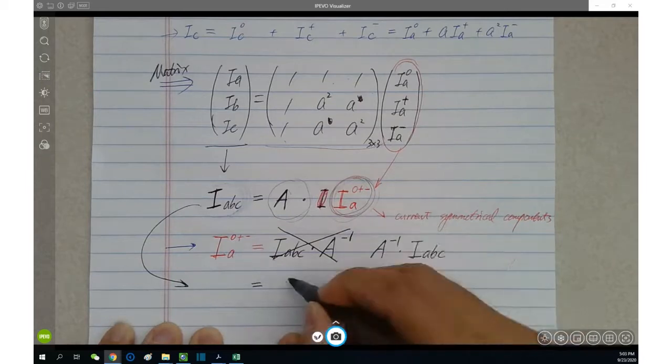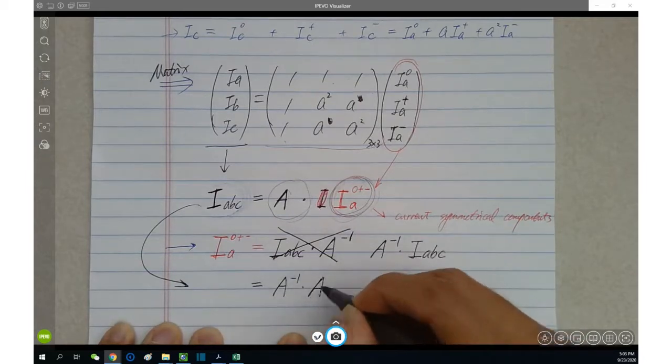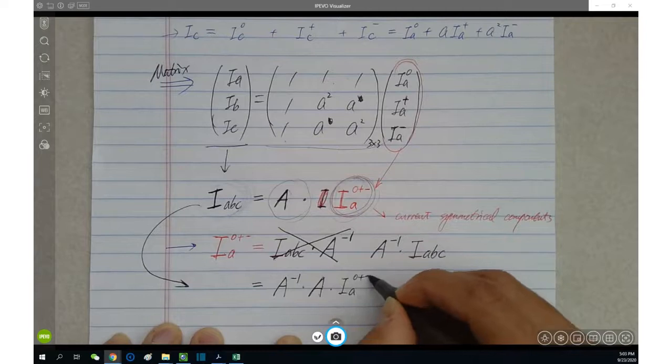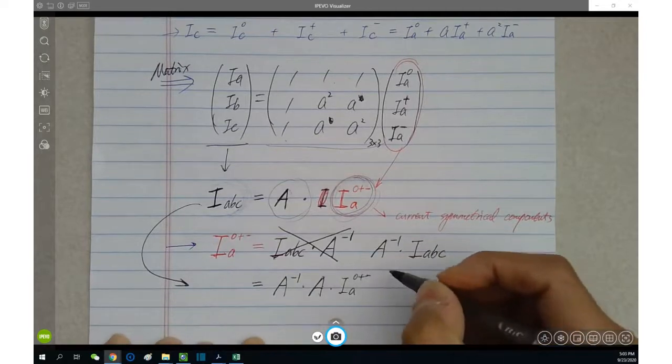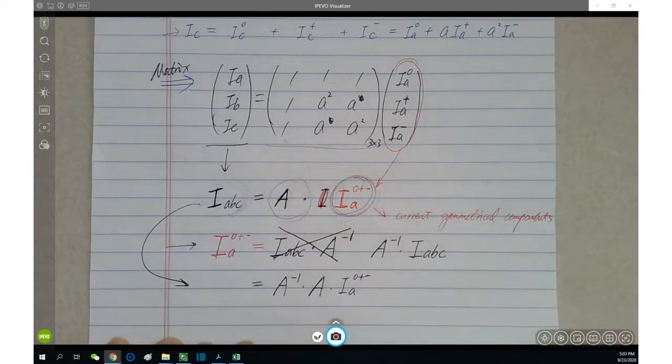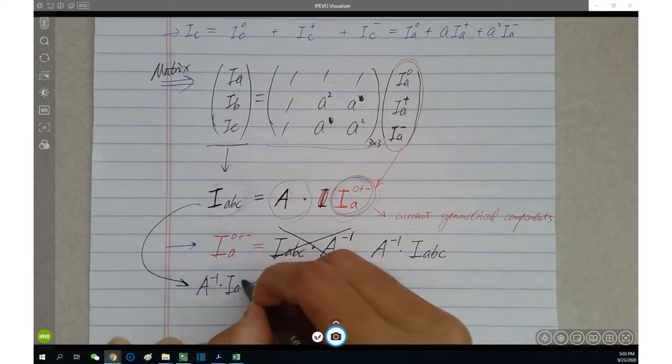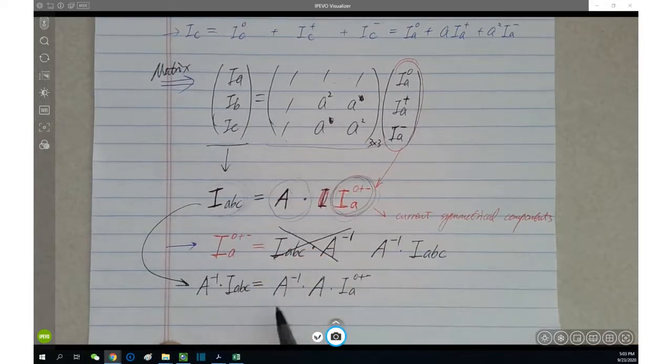That's left-multiplying A by the A inverse matrix. And on the other side of the equation, you do the same thing, left times. On the right-hand side of the equal sign, you are doing left times.